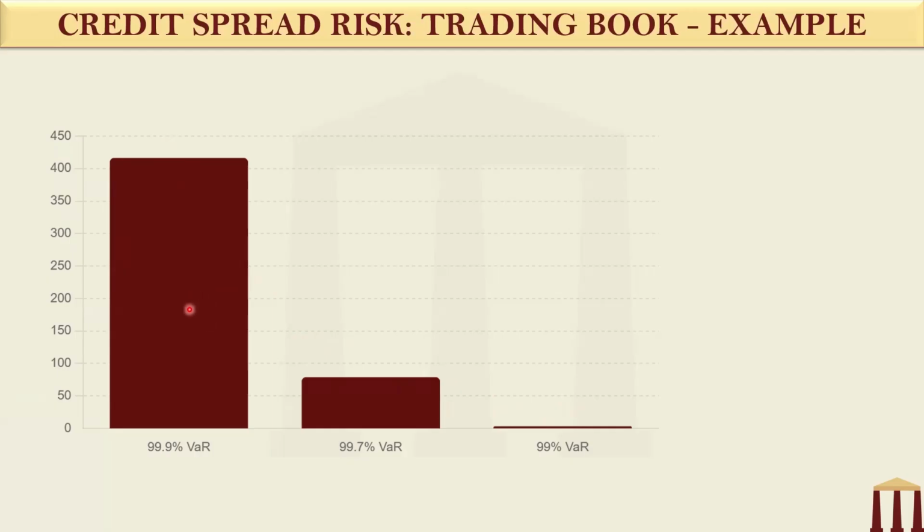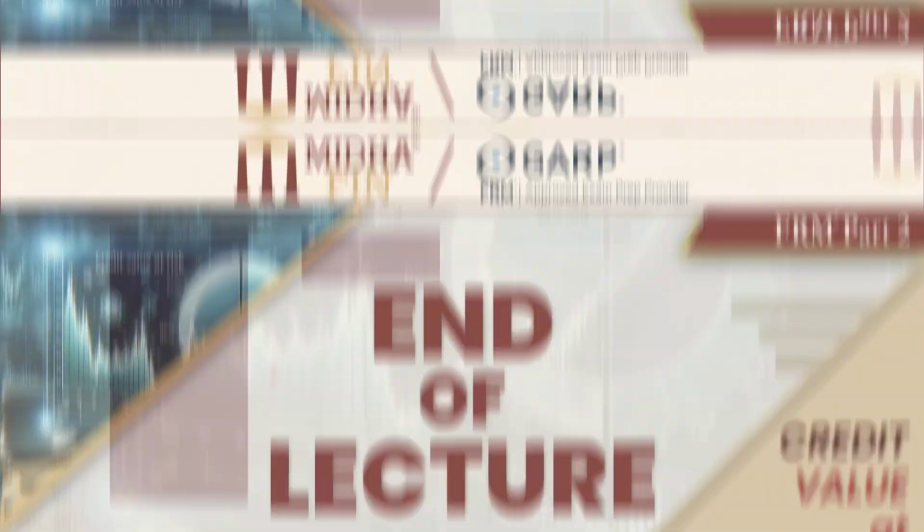That is, rare but severe events like defaults and deep downgrades are actually the main drivers of credit VAR. So this graph itself is a very powerful reminder that most of the portfolio's credit risk lies in the extreme left tail of the distribution.